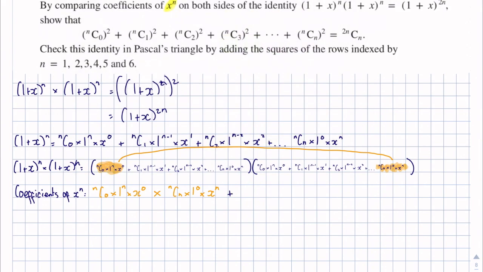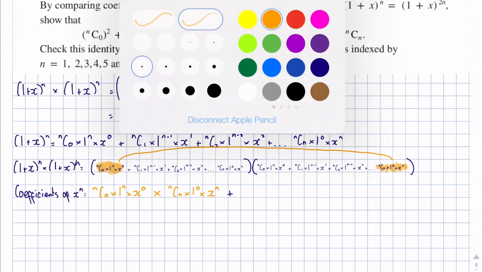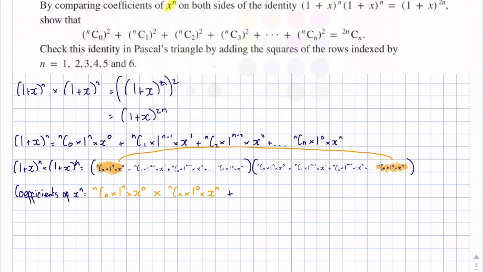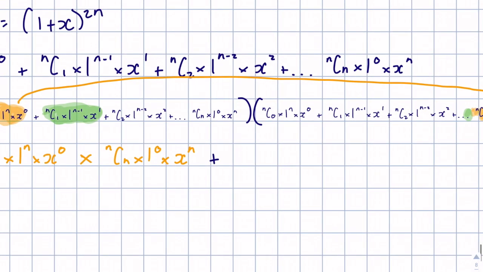Our next one would be the next one along. So this time we would have, I'm going to do it in green, this one, but it'd be the times by the next one to the left, and that would have been, in green, nC1 times 1^(n-1) times x^1.